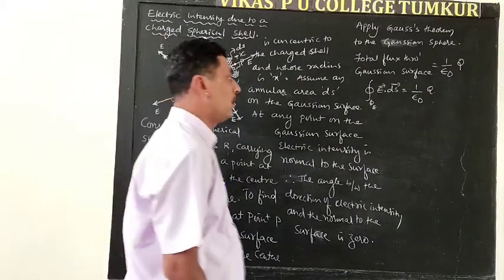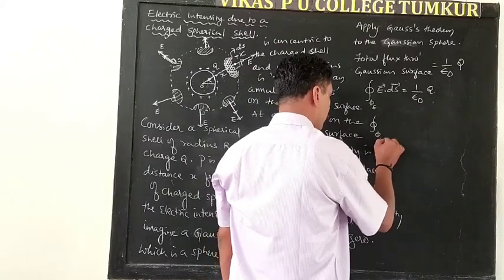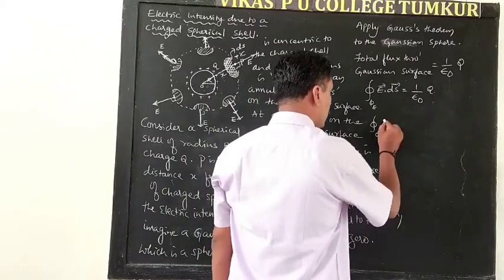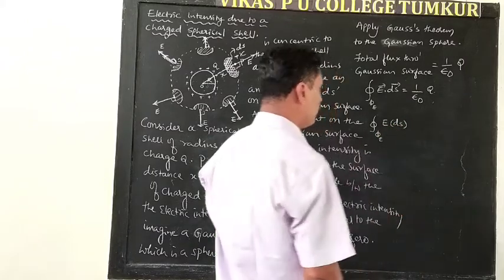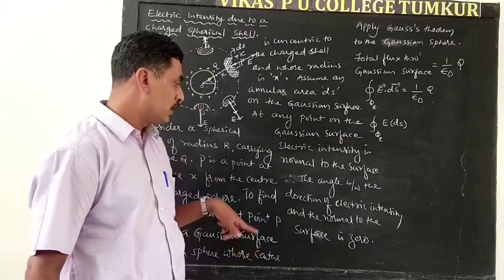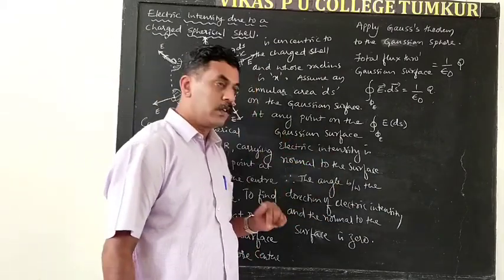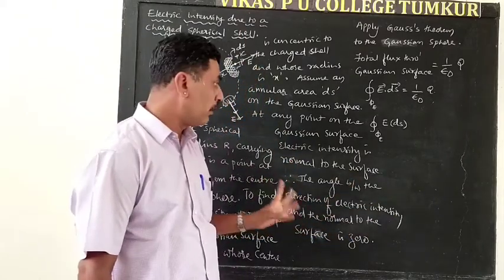Now this becomes E into ds. Here we have written the normal to the surface coincides with the direction of electric intensity. So theta will be 0.